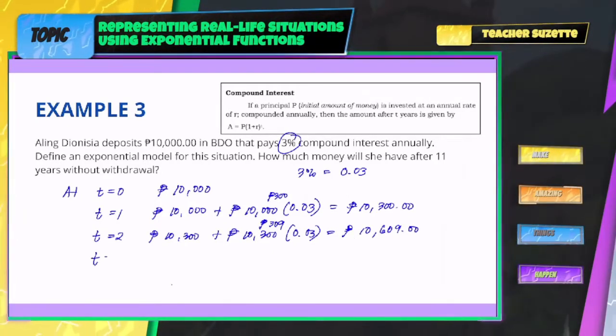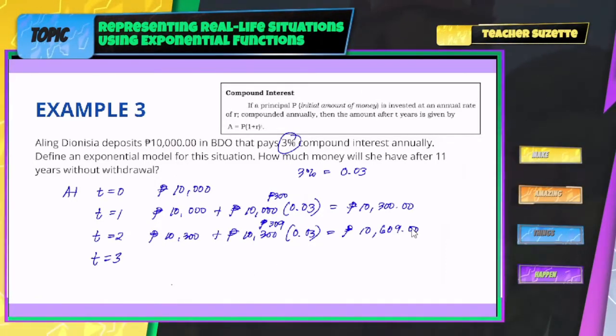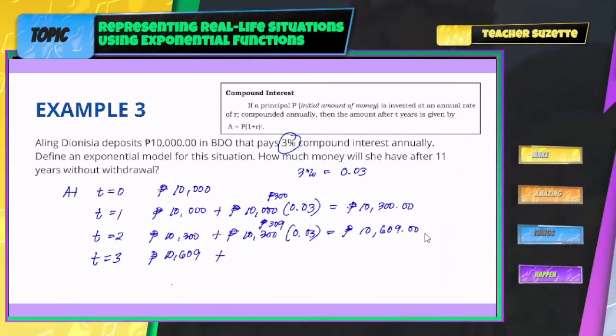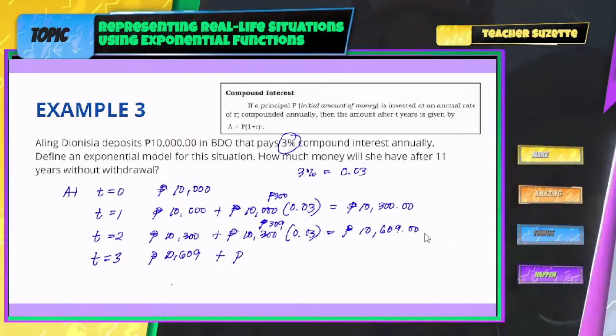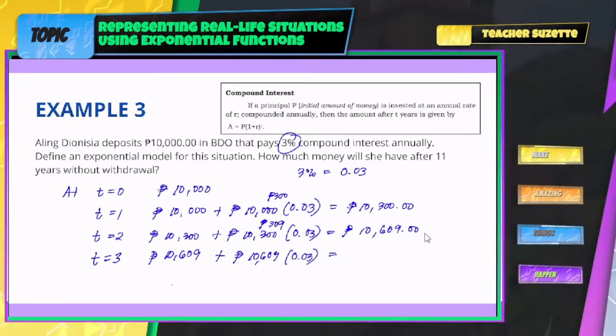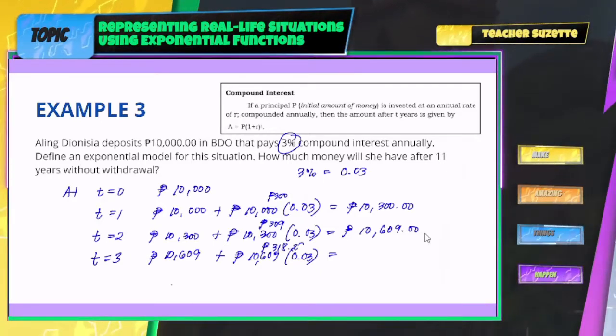Let's have another year. So, ang t natin will be 3. Now, again, this will be now our principal amount, which is 10,609 plus, kunin natin yung interest nito, 10,609 times 0.03. So, that is 318.27 pesos.